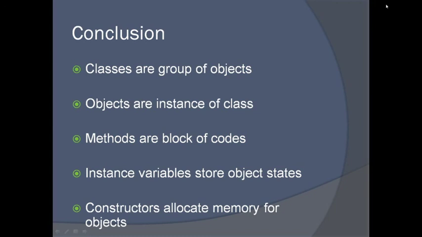The instance variables are those which are used to store the object states. Also, constructors are used to allocate the memory for the objects in a class and they are called at the time of object initialization. Also, we have discussed the concept of constructor overloading in Java.